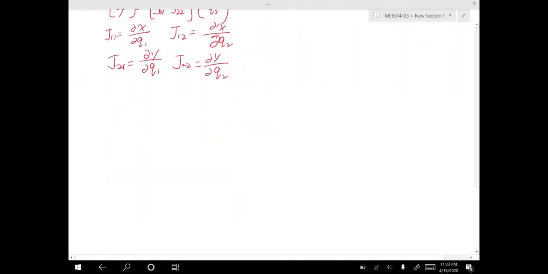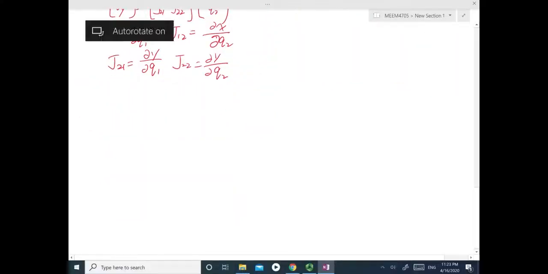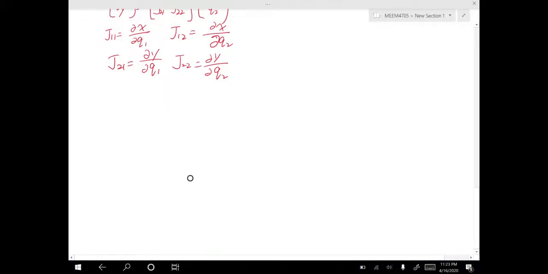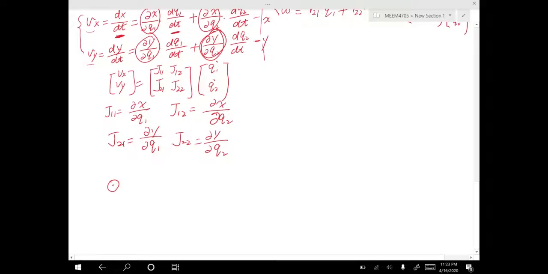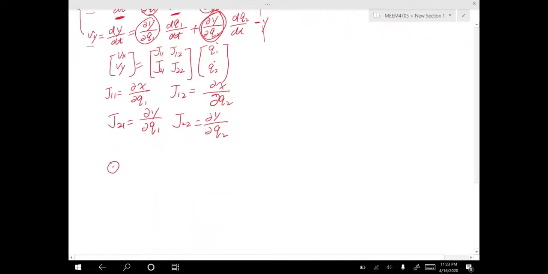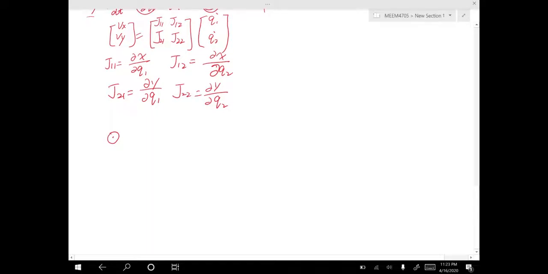Okay, so let's do one example. Again, we go back to the two joint example, whereas what we discussed above was for a general two joint case. Here we have a revolute joint, R, connecting to a prismatic joint, P, and the prismatic joint is connecting to an end effector.